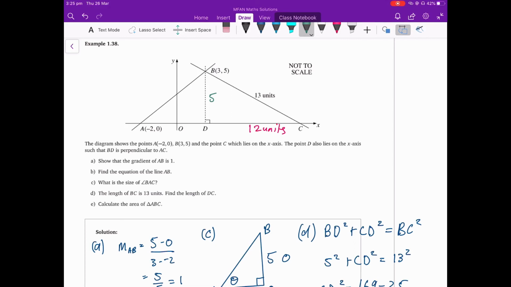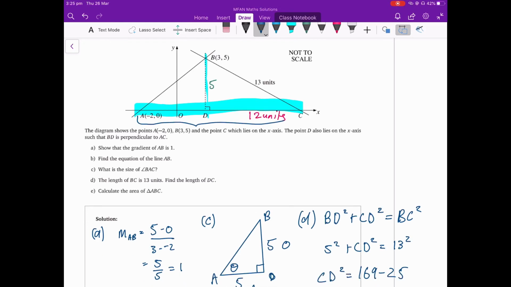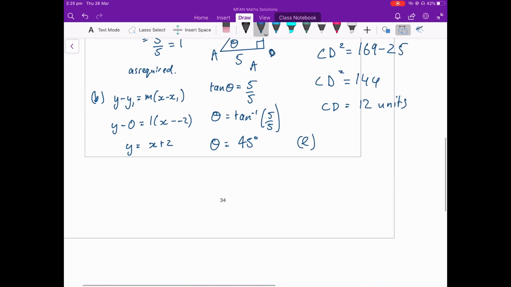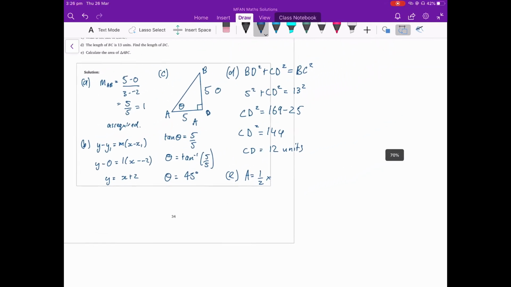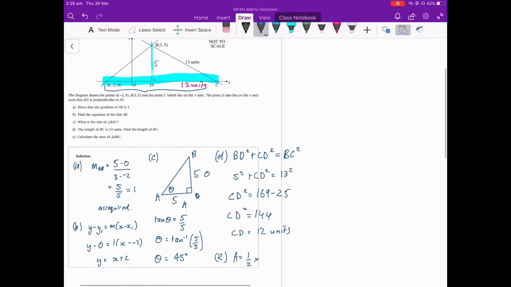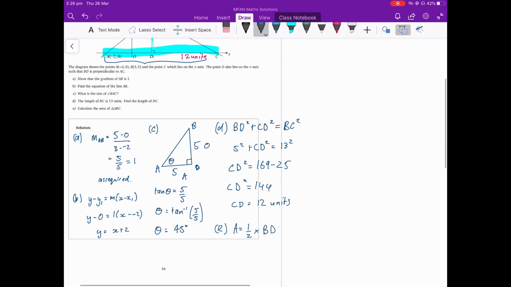Overall, I just need to take the base times the height and then half it. So the base overall will be 12 plus 5, which is 17. So the area of the triangle is a half times BD, which is 5, multiplied by AC, so that's equal to a half times 5 times 17.